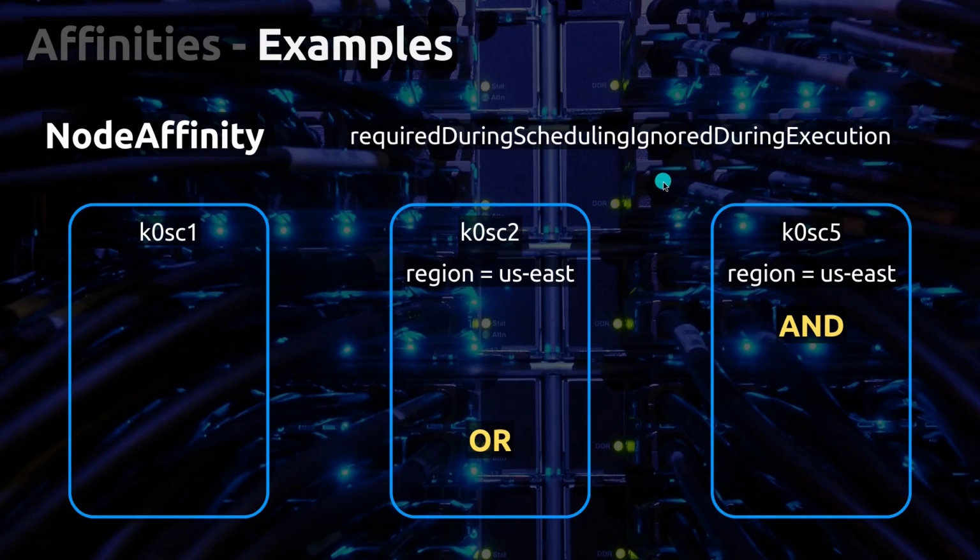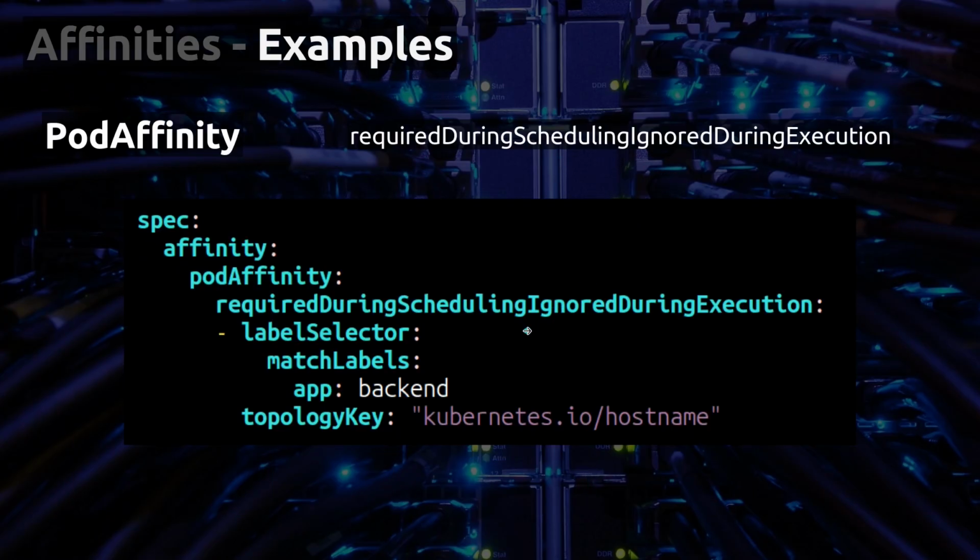Okay, so now the pod affinity. It's not exactly the same thing, but it's the same logic behind that. This is the pod affinity, not anti-affinity, but a pod affinity required during the scheduling, so it's a strict condition, strictly checked. We have label selectors, so it's how we want to check things.